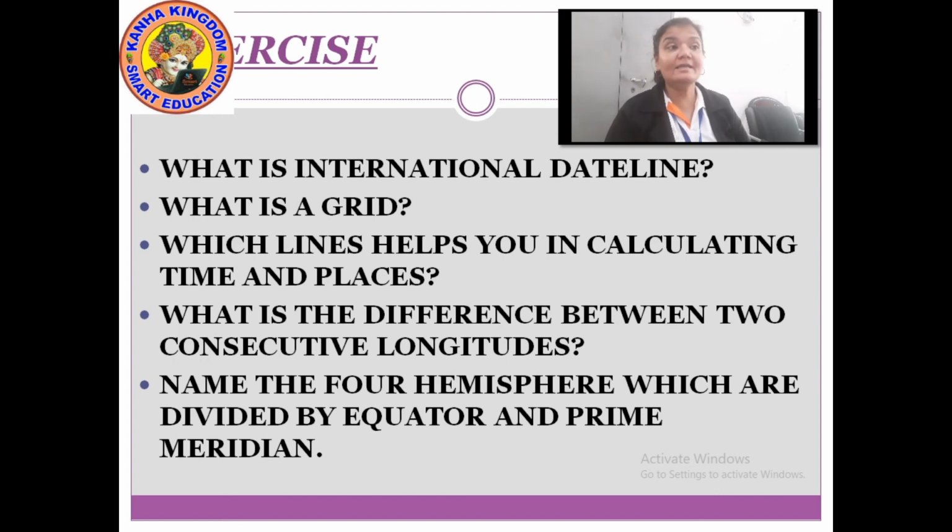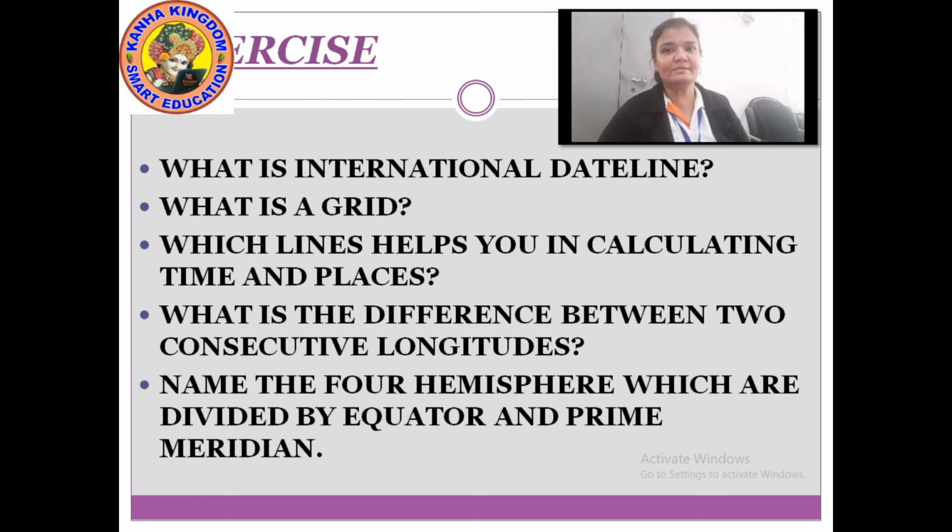International Dateline is a longitude line that runs through the Pacific Ocean and is exactly halfway around the world from the prime meridian.